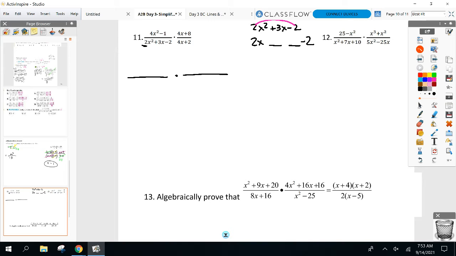All right, now you're thinking about numbers that multiply to -4, but I'm still going to get 3x as a middle term. Okay, I got to get 3x. When I combine them, I get 3x. When I multiply them, I get -4. So think of numbers that multiply to 4, but you can get a 3 from.